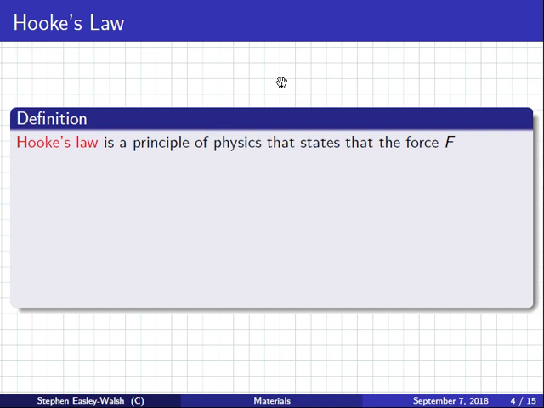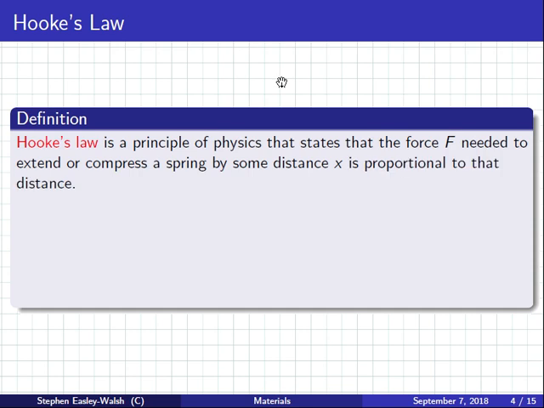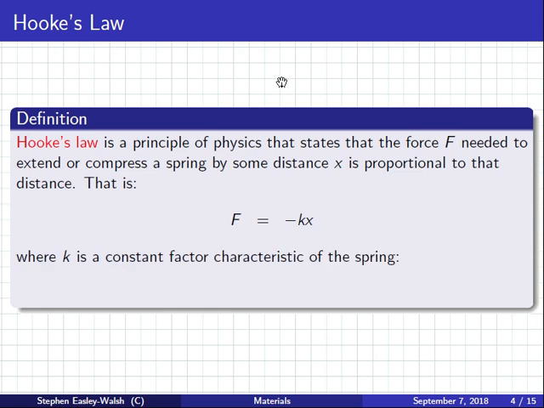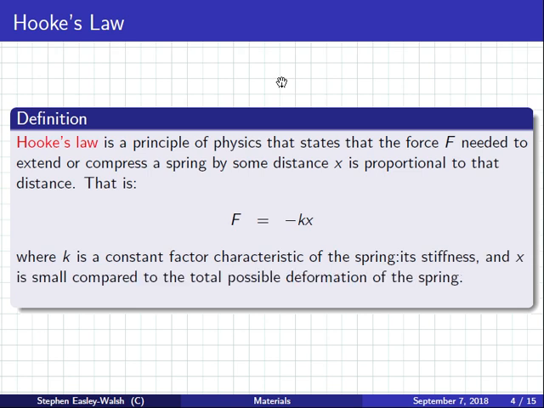It says that the force F needed to extend or compress the spring by some distance x is proportional to that distance. That is, F equals minus kx, where k is a constant. It's like the stiffness of the spring, and x is small.